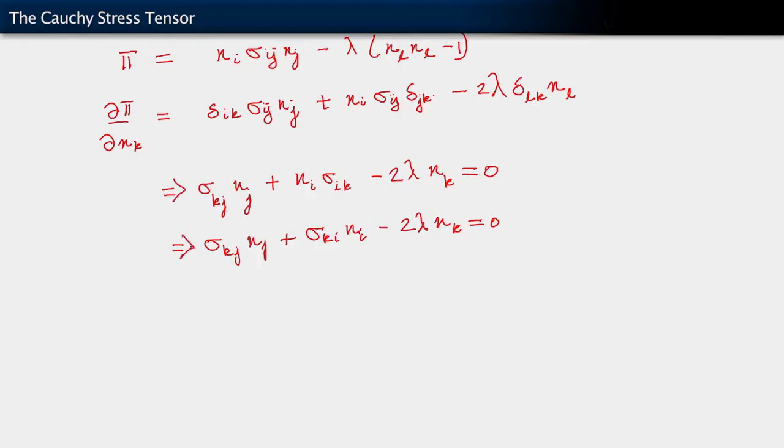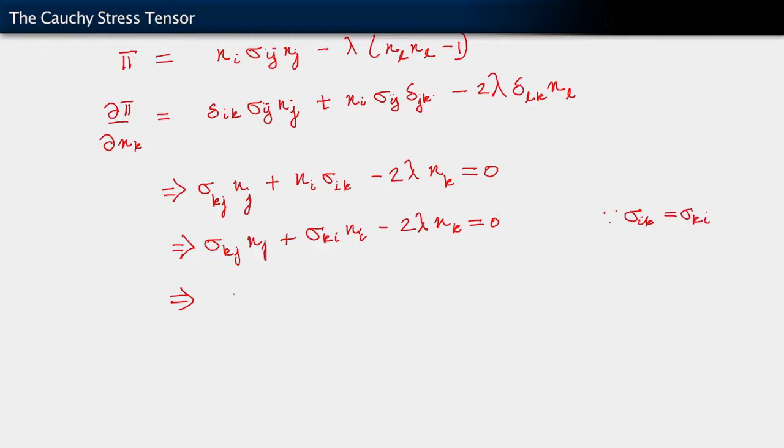In the first two terms, j and i are just dummy indices because they're being contracted away, so those first two terms are really the same since sigma is symmetric, since sigma_ik equals sigma_ki. That's what allowed us to write this very last equation.